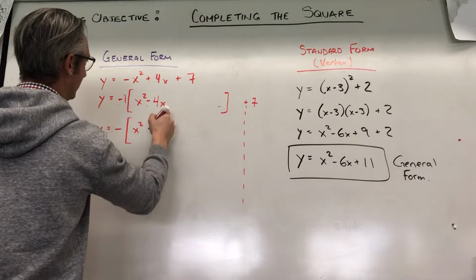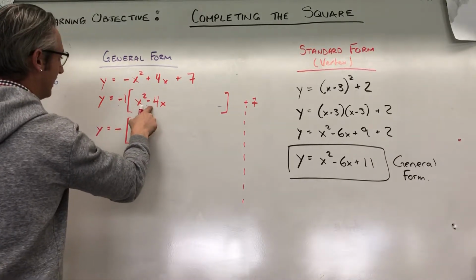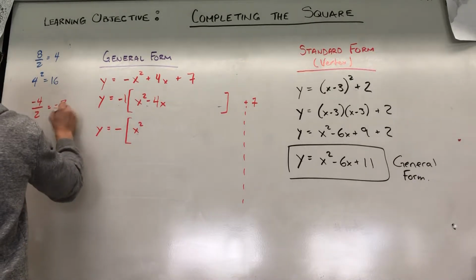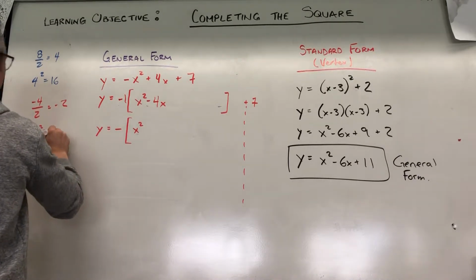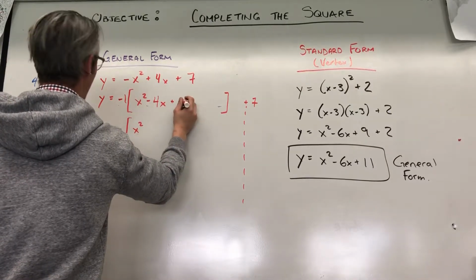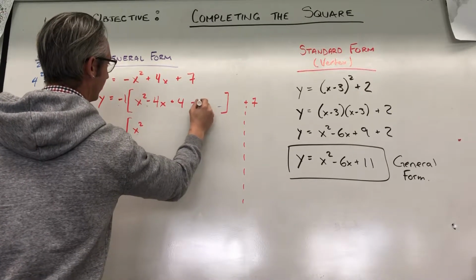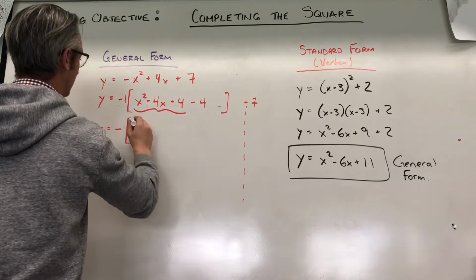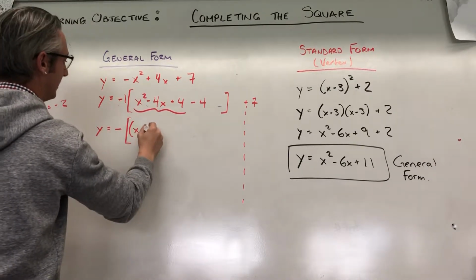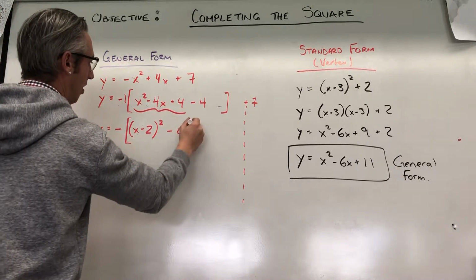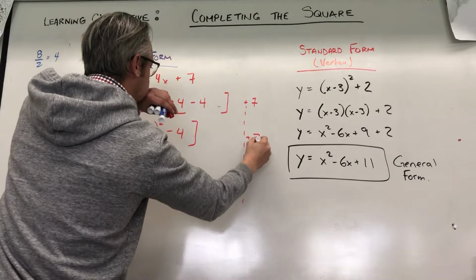Negative 4x, negative 4 divided by 2 is negative 2, negative 2 squared is 4. So this becomes plus 4 minus 4. So then this is x minus 2 squared minus 4 plus 7.